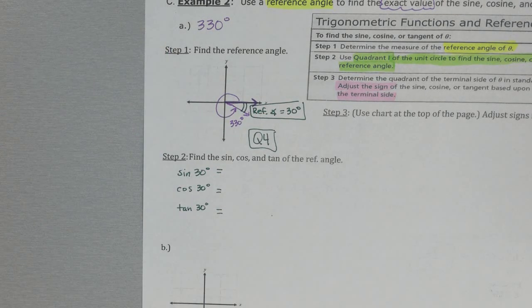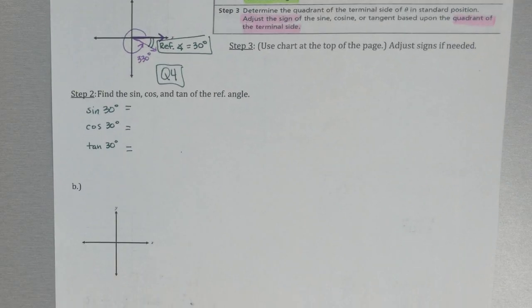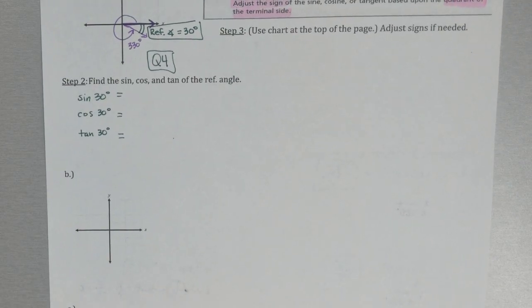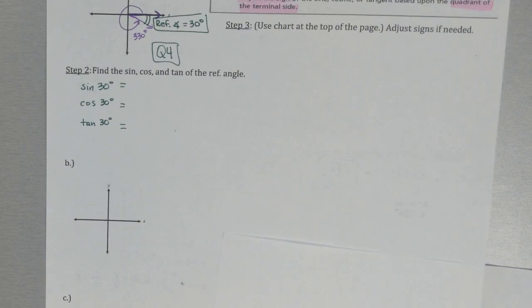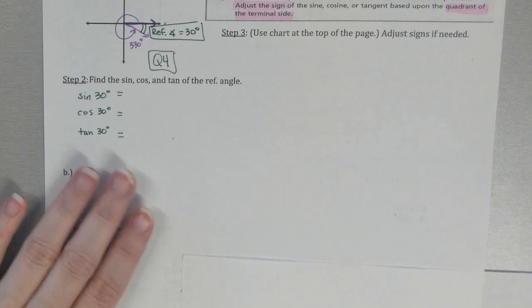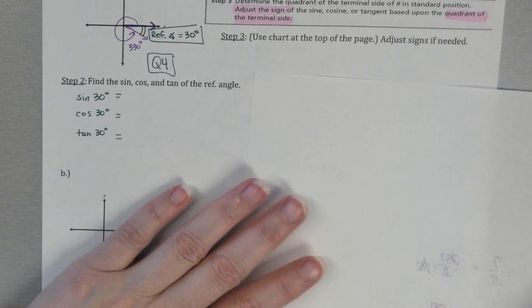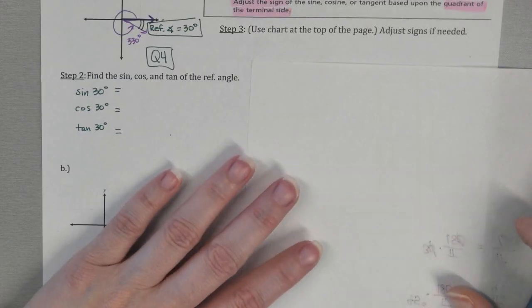I'll tell you right now what the first question on your quiz is going to look like. The first question on your quiz is going to look just like this.